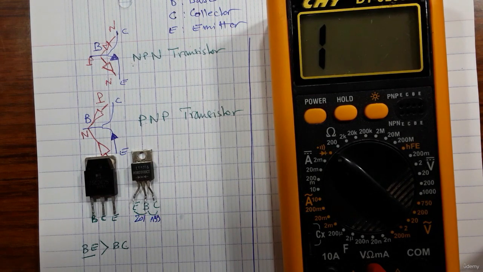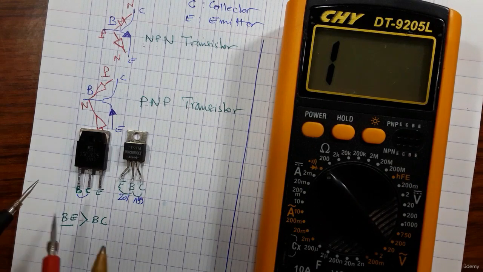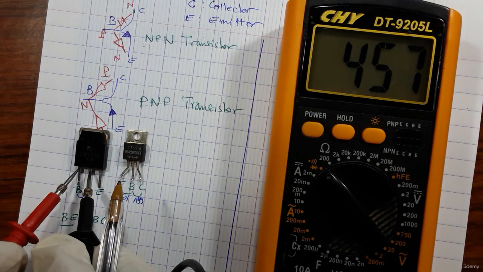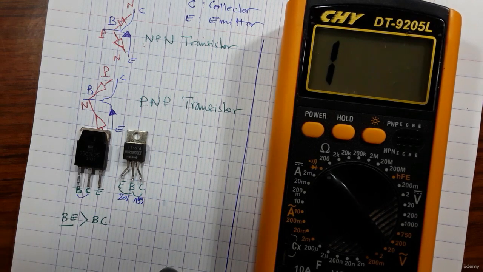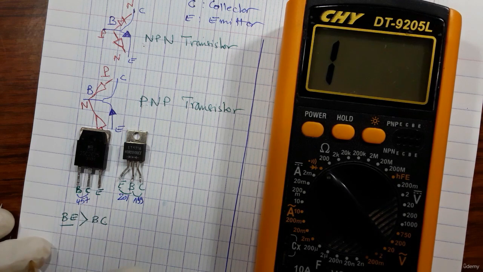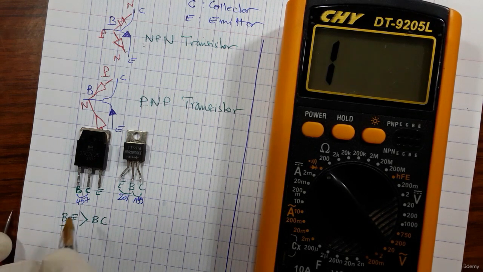Okay, and also between this and this we got how many? Let's check it out another time. So we got 457. Okay, what about between this and this?